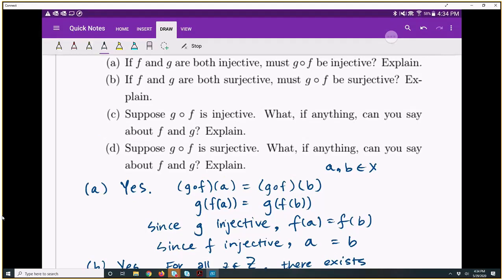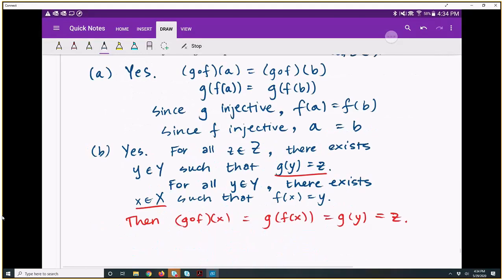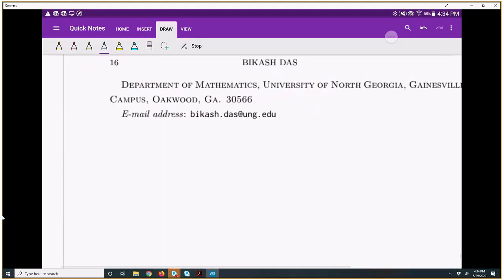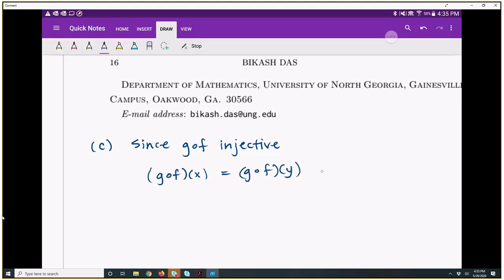Now, if the composition is injective, is there anything we can say about f and g? Well, there is. Since the composition is injective, g composed f of x equal to g composed f of y only happens if x is equal to y.